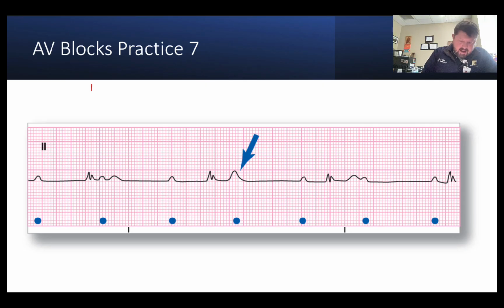This rhythm, I've got an atrial rate of around 60 to 70. I've got a ventricular rate of around 40. The P waves are regular and the QRSs are regular, but they're not regular together.